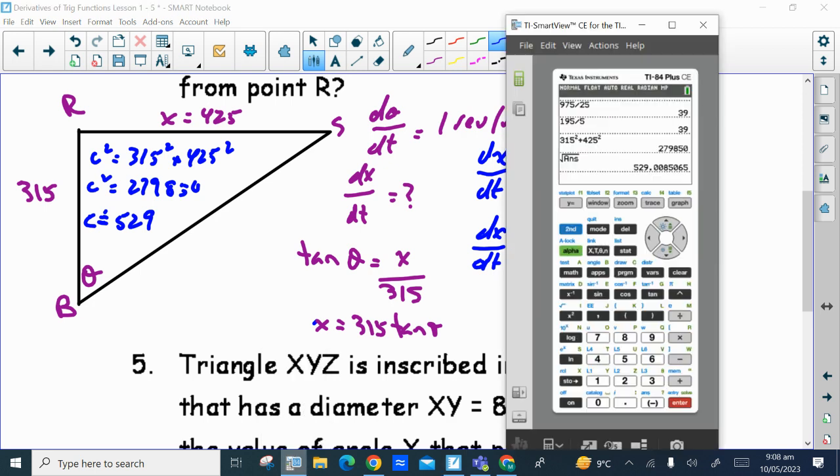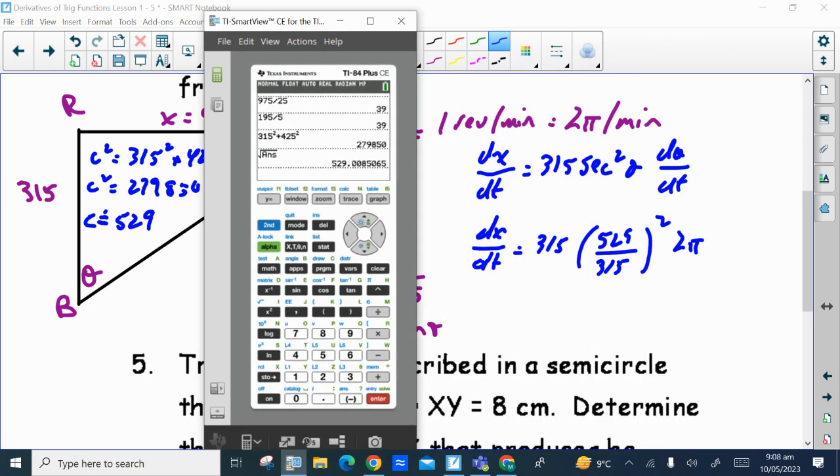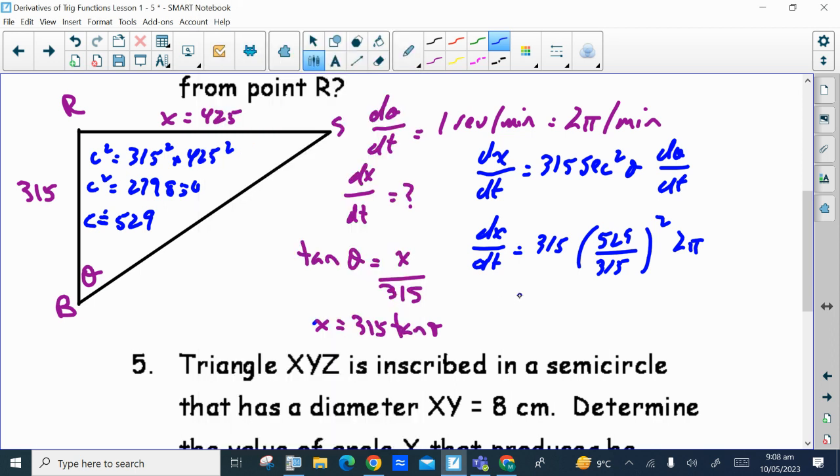So back to the calculator we go. I'll take this number, I'll divide it by 315. I'll square it. I'll multiply by 315. And I'll multiply by 2 pi. So there's our approximate answer, 5582.06.